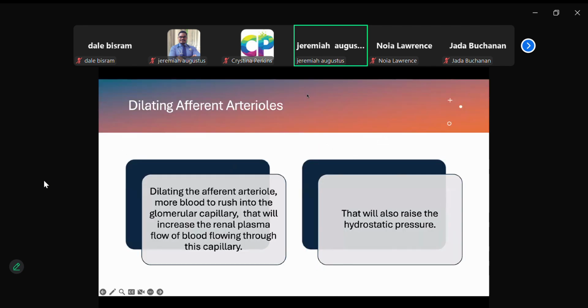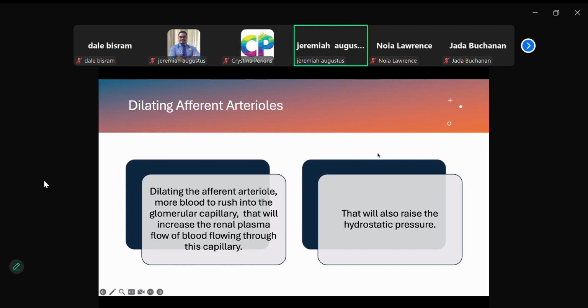So the first thing that we could do is dilate the afferent arteriole. Dilating the afferent arteriole, more blood rushes into the glomerular capillary, and that will increase the renal plasma flow of blood flowing through this capillary, and this will also increase the hydrostatic pressure. When you increase the hydrostatic pressure, more fluid is pushed out into the Bowman space, and you filter that.